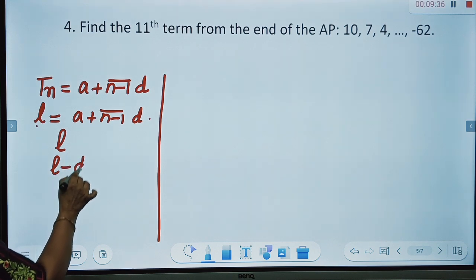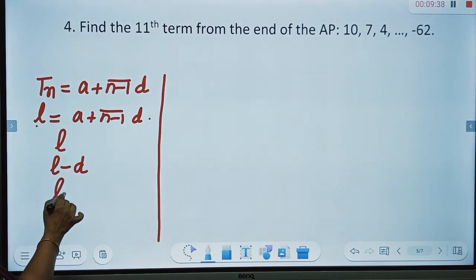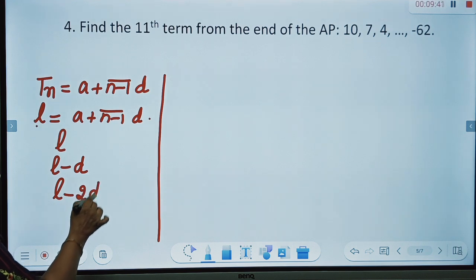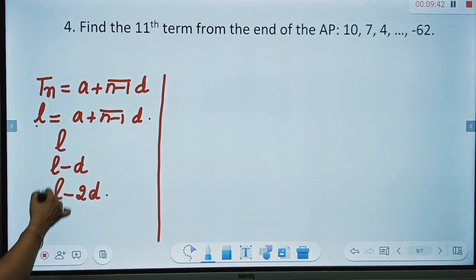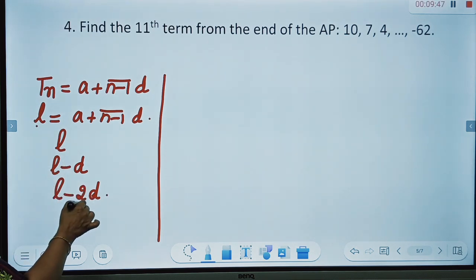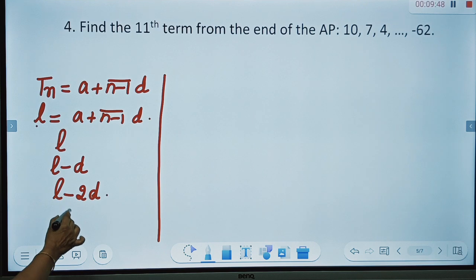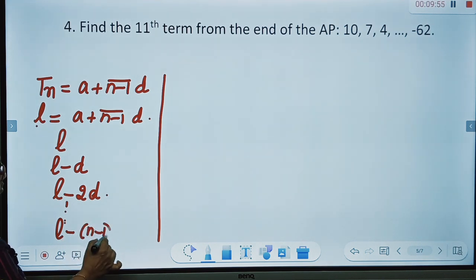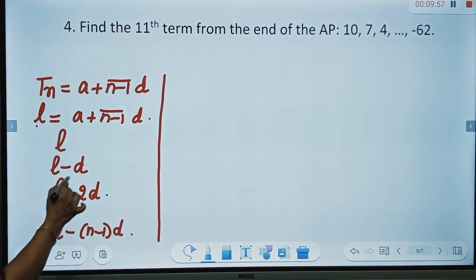L minus D. What is the term before that? L minus 2D. So if this is the last term, the term previous to that is L minus D. If you go on like this, what will be the nth term? L minus (n minus 1) into D. Again T1, T2, T3.